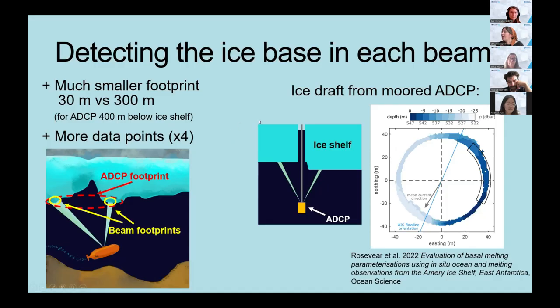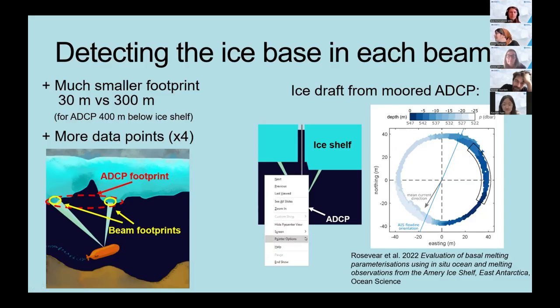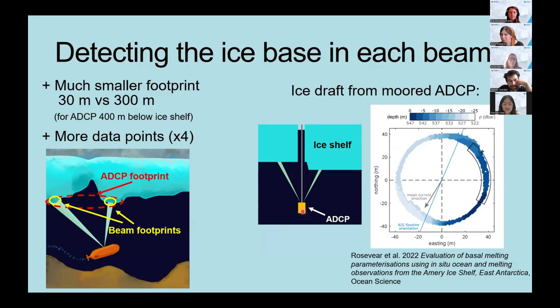And detecting the ice base in this way has previously been done by Roseau et al. in this paper, where they had a mooring. Yes, they had a mooring here with an upward-looking ADCP, so it didn't move.